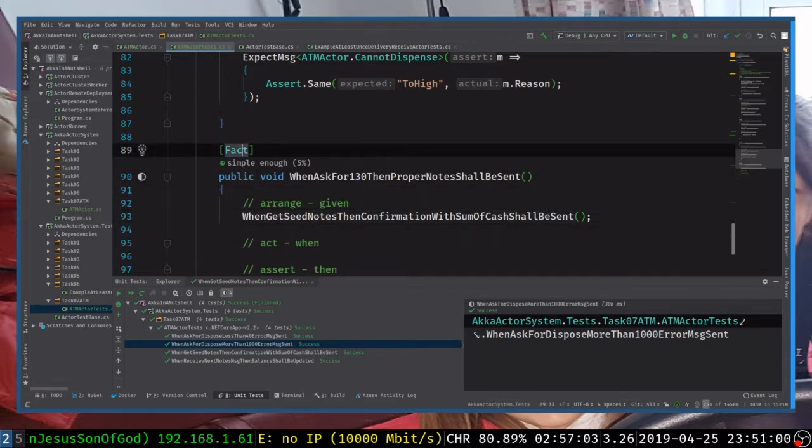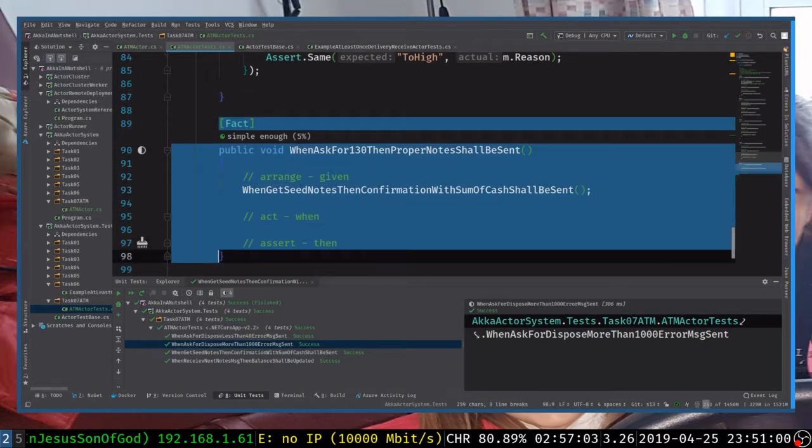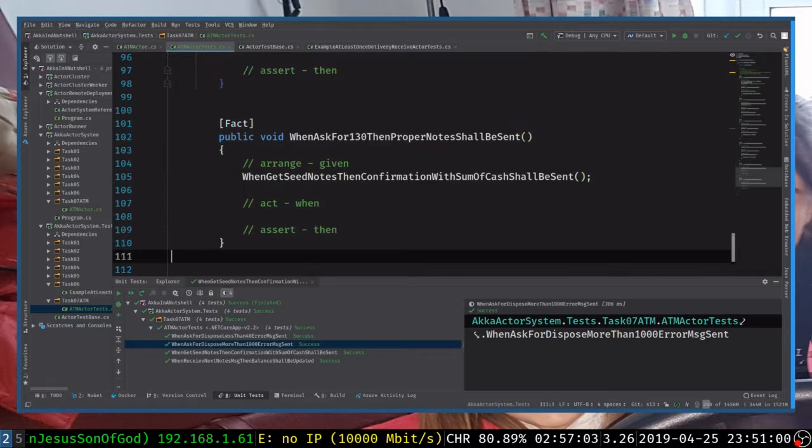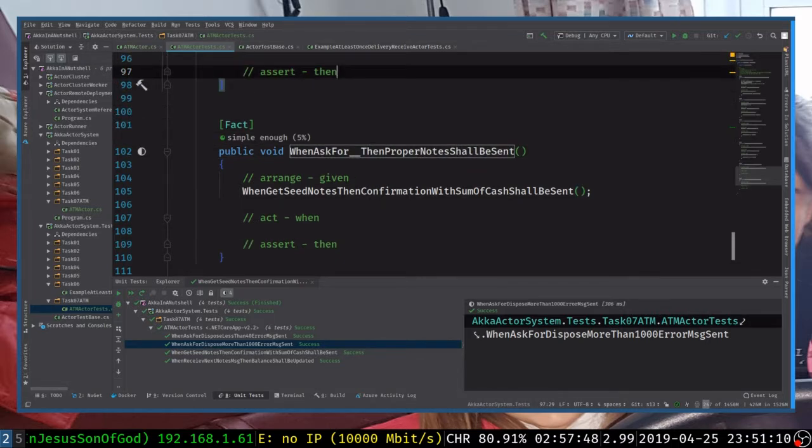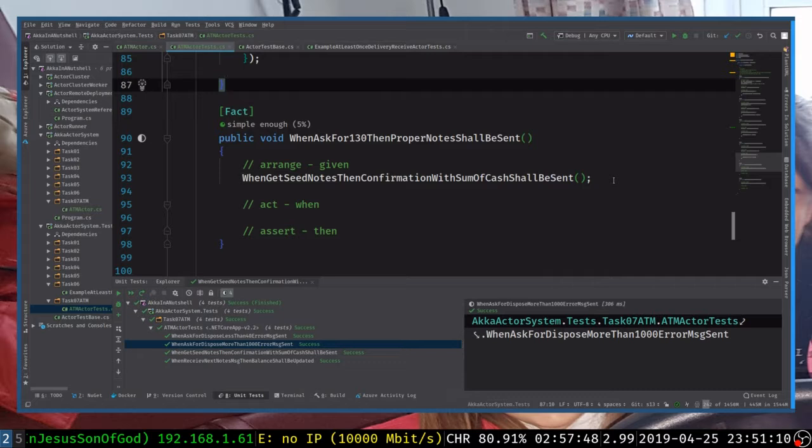Okay, and then what I will do, we will use this as our placeholder because we have a lot of tests.